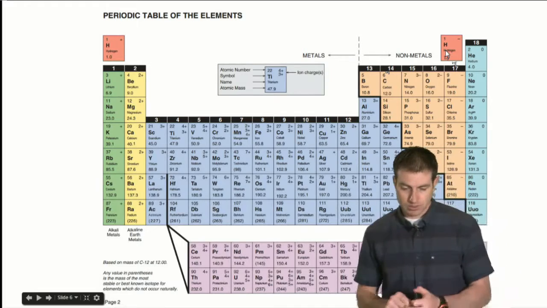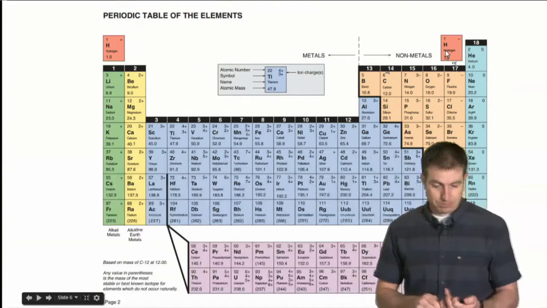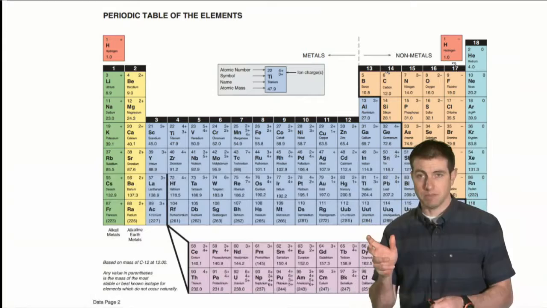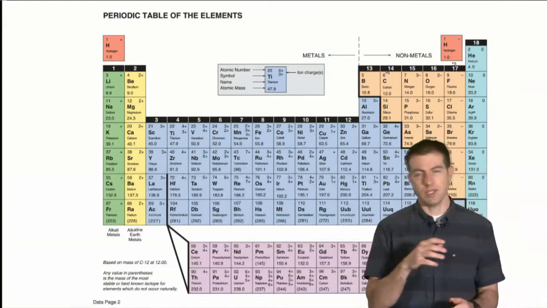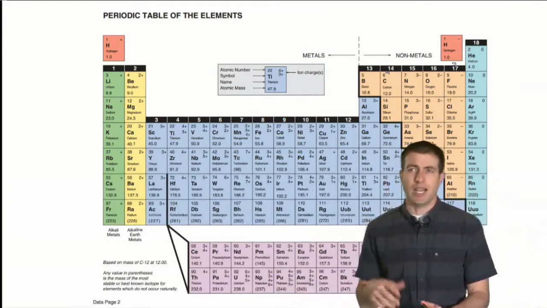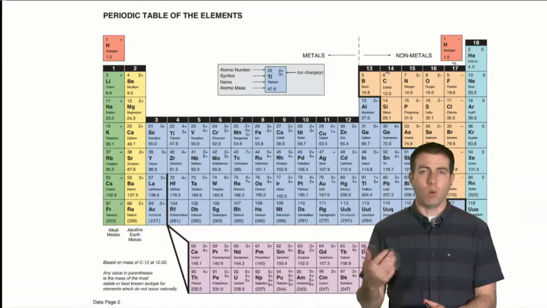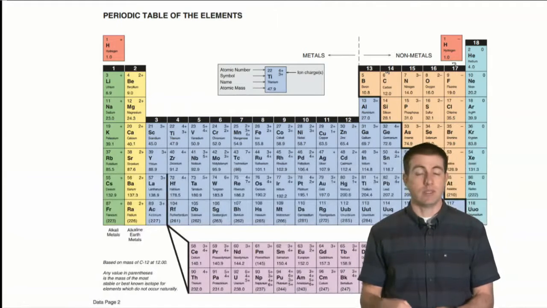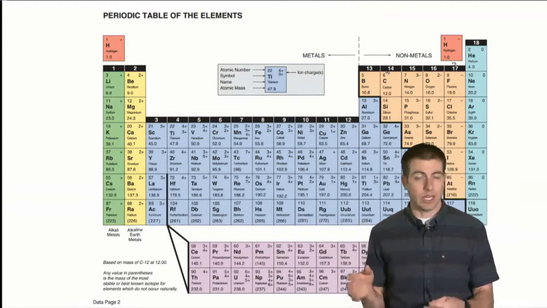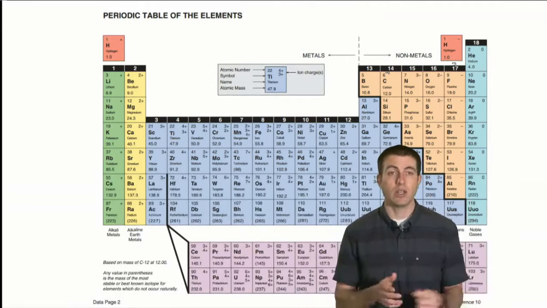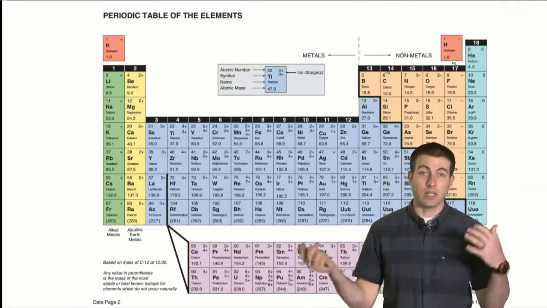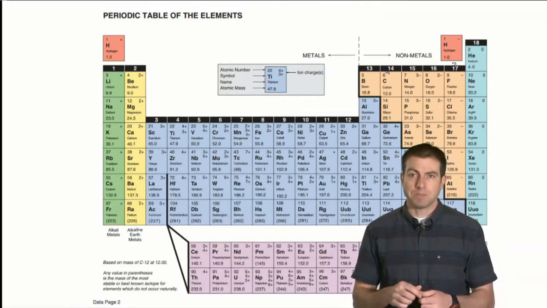Well, that's confusing. Well, it is and it isn't. Sometimes hydrogen behaves like a metal. Sometimes it behaves like a non-metal. Hydrogen is just one proton and one electron. So it sometimes can act like a metal and sometimes a non-metal. So depending on what it's acting like, it gets put on both sides.